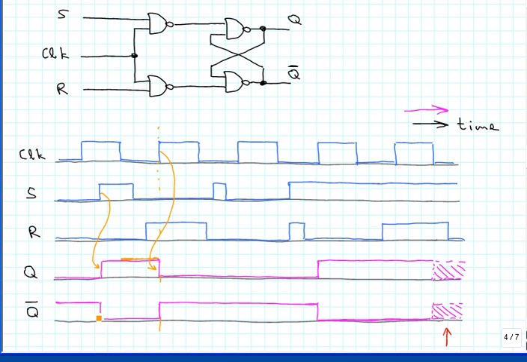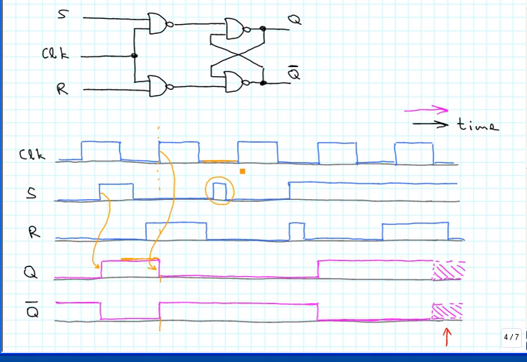And Q naught is just the inverse of Q in this particular case, because only one of the two, set and reset, is actually high during the clock period being high. Okay, then as we continue, there comes this little bump here, and that has no effect on the output because at this point in time the clock is low, so the latch is disabled.